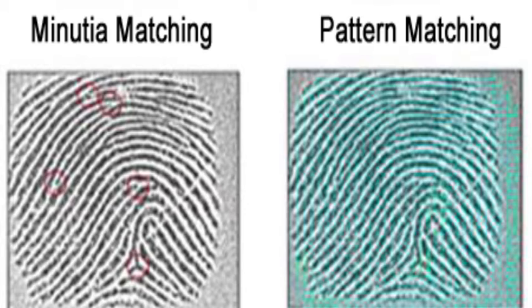The false minutiae removal was also necessary. The lack of the amount of ink or the cross link among the ridges can create false minutiae, which affect the fingerprint recognition process.